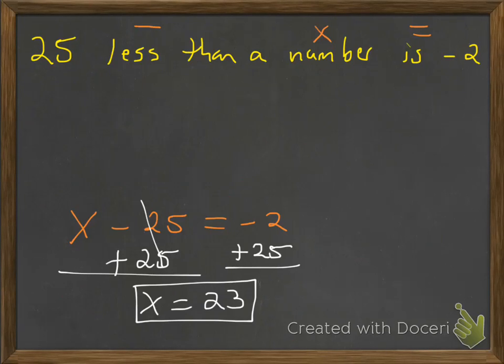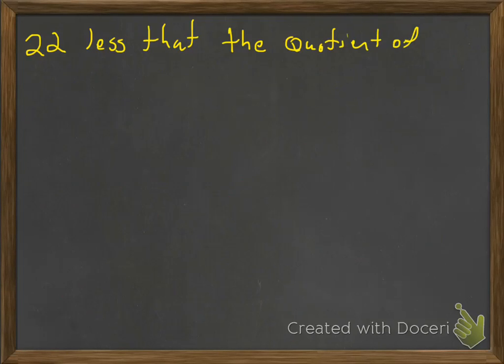So if I have $25 less than 23, then that means I'm going to owe someone $2, which would be a negative 2. Let's say we have 22 less than the quotient of a number and 3 is 5.